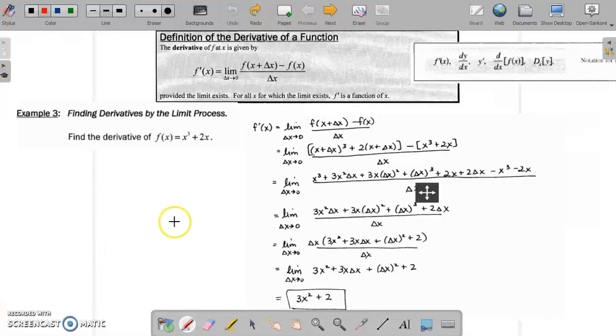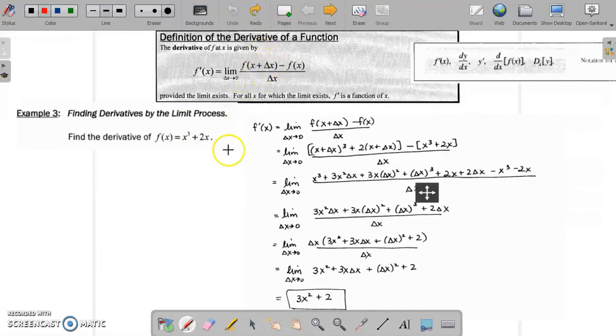So to save some time, this is actually in your packet as well. I'm going to walk you through this limit definition of a derivative. This is the same idea, just generalizing it. Instead of actually having a point c, like we did in the other, we're just going to have x, a variable. So I've got f, the function f of x plus change in x.